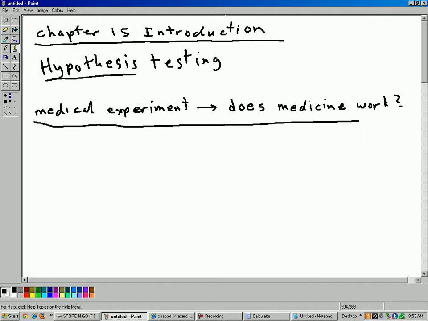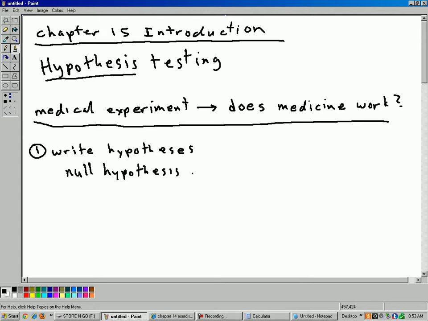Okay, so step one of hypothesis testing is you write your hypotheses. Now in statistics, we have two hypotheses. So I'll use plural here, hypotheses. You have what's known as the null hypothesis, which is abbreviated H with a little zero, which is basically like the status quo.